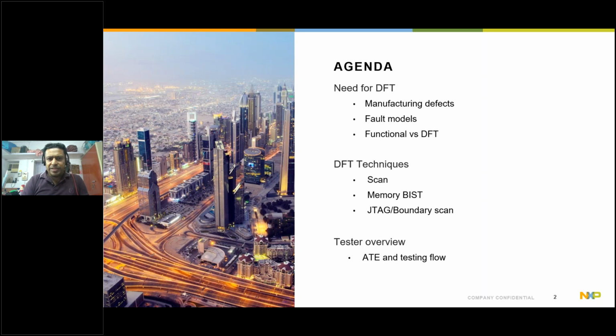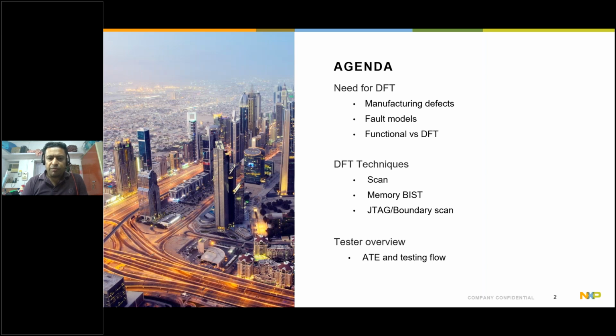Okay, so this is the agenda for this presentation. We would be looking at what is the need for DFT, in which we would look at what the manufacturing defects are and what fault models are. Then we would do a comparative study of functional test versus structural test that is done through DFT.